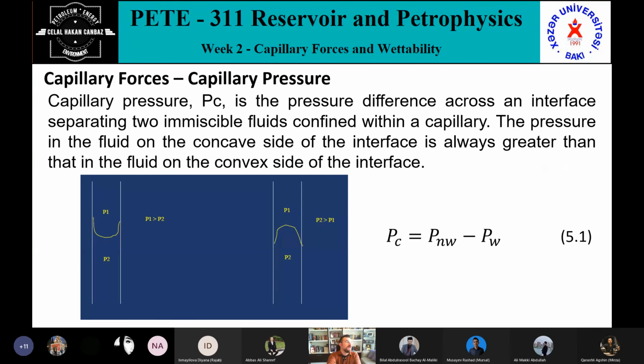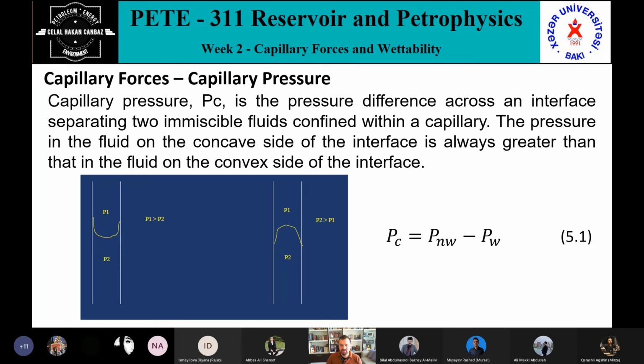Capillary forces, capillary pressure. Capillary pressure, we call it PC, is the pressure difference across an interface separating two immiscible fluids confined within a capillary. The pressure in the fluid on the concave side of the interface is always greater than in the fluid on the convex side.